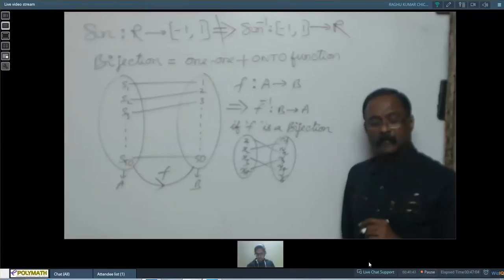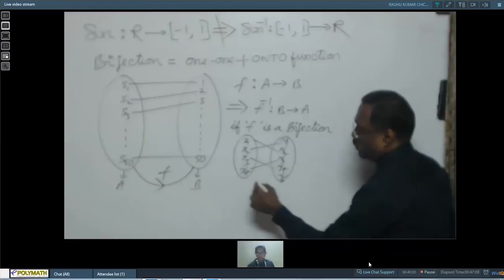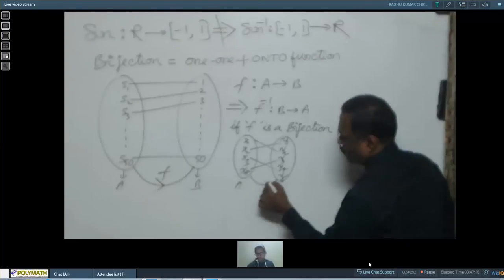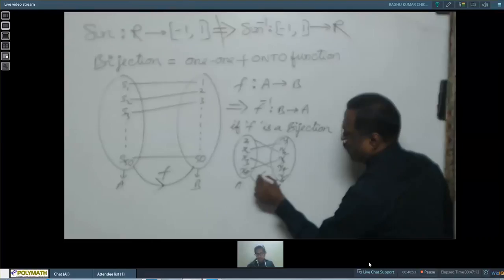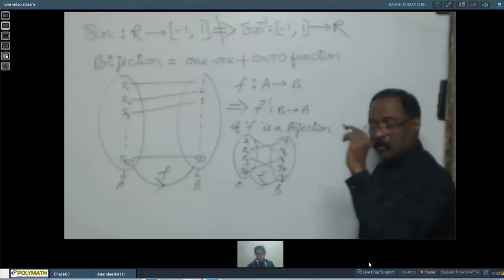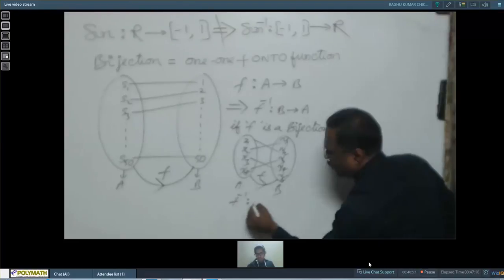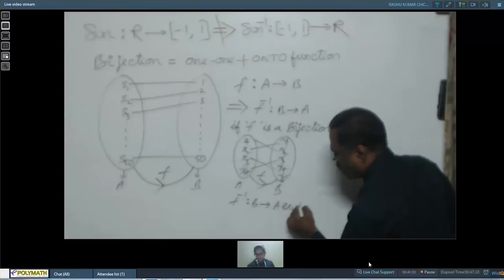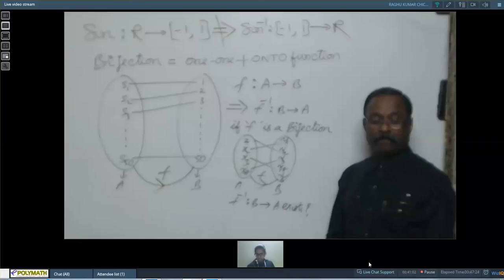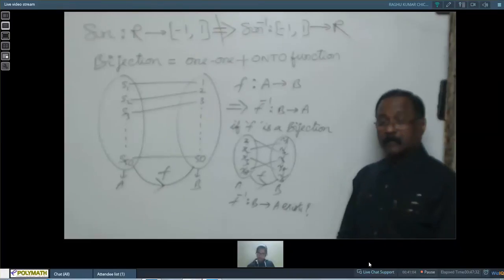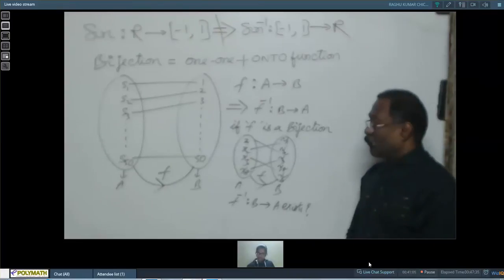Yes, sir, it's a one-one function. When it's a one-one function, we took it directly as f maps A to B. Then you tell me whether f inverse maps from B to A exists or not.